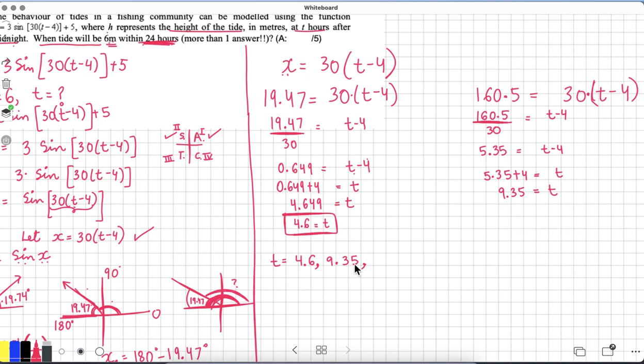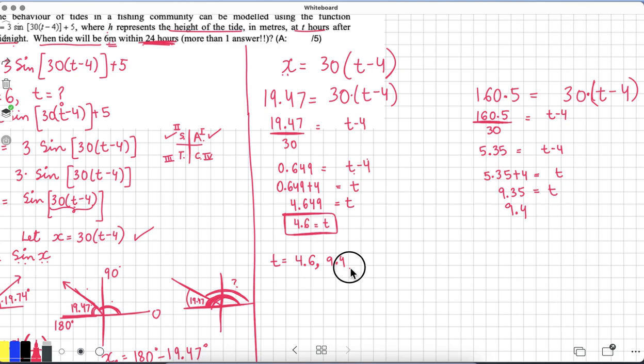After 9.35 hours, the tide will reach 6 meters of height again. That means I need to find the 24-hour period here. This 9.35, we can say is about 9.4, rounding off to 1 decimal place. But we can take 2 decimals also.